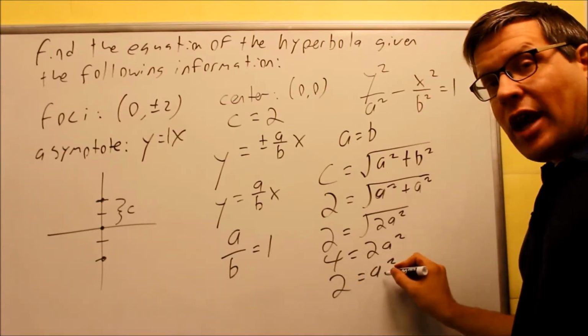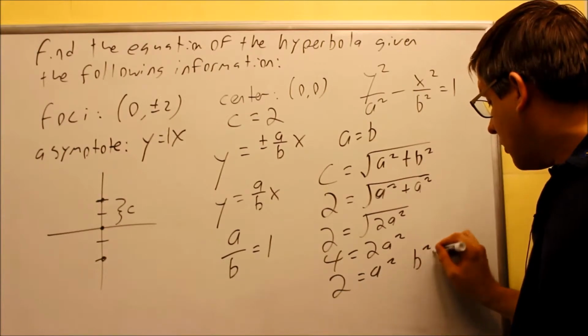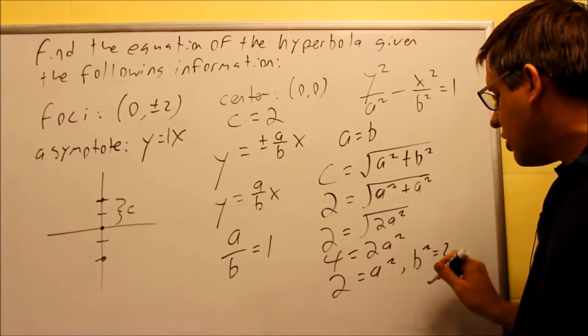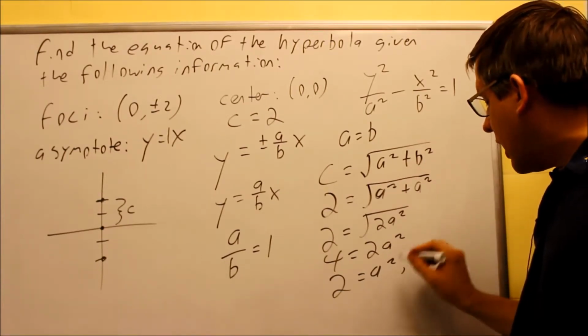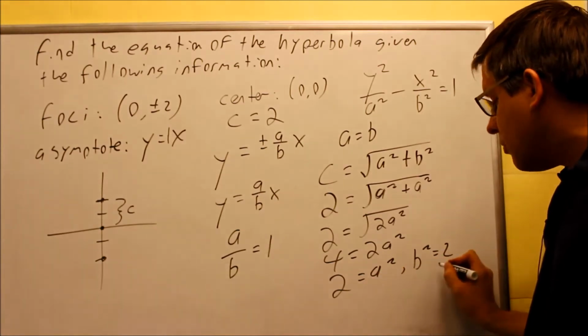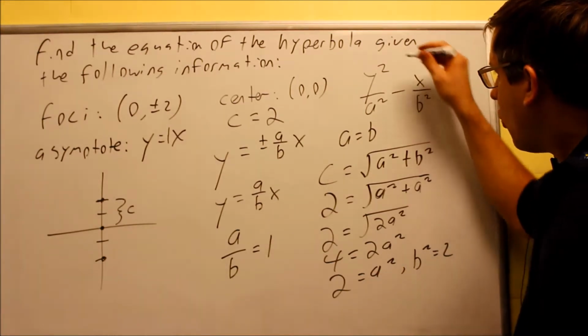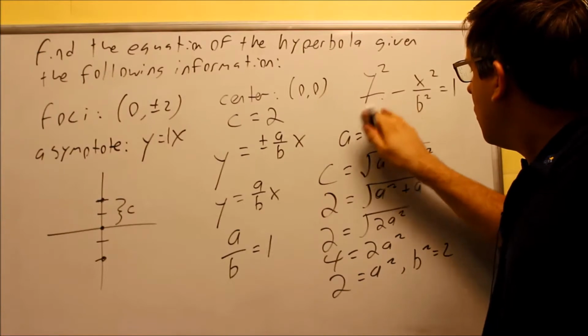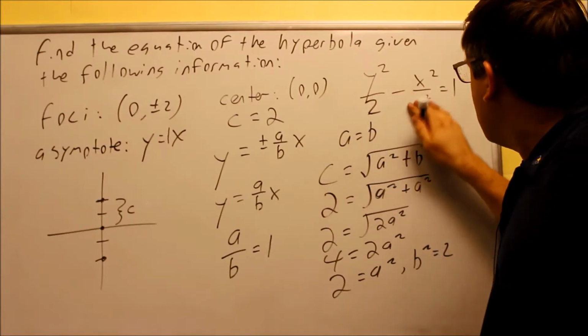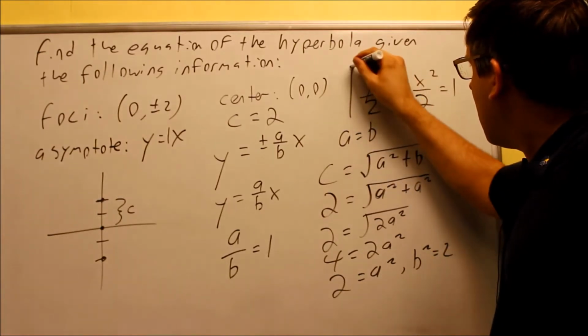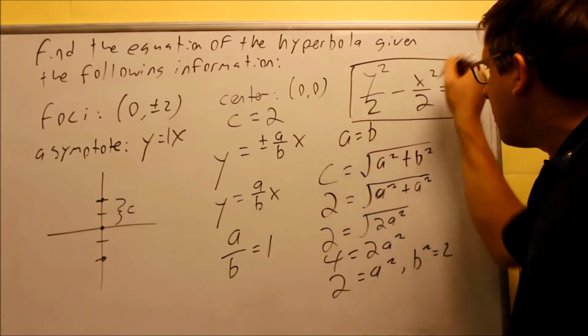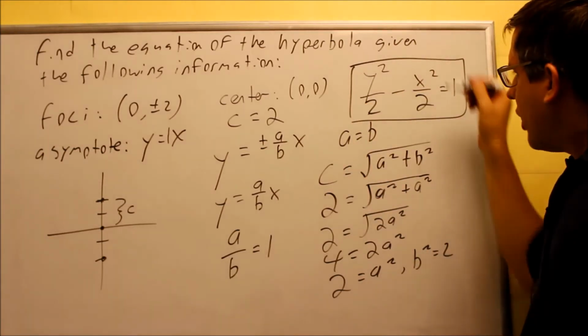Well, if a squared is equal to 2, I know that b squared is also equal to 2. So a squared is 2 and b squared is equal to 2. Now, when I come over here to my formula, I can just put a 2 in for a squared and for b squared. So this in the box is going to be the equation that I'm going to use here.